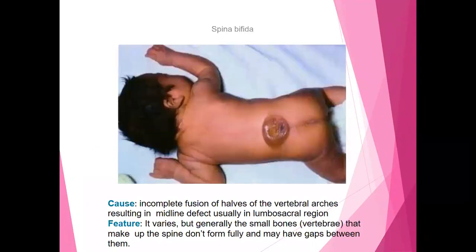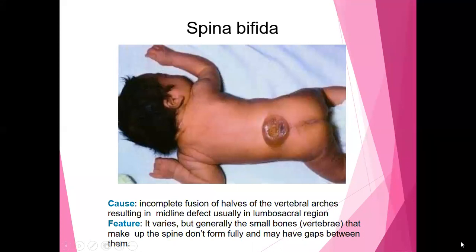Now, what are the congenital or developmental abnormalities of the vertebral column? Spina bifida: incomplete fusion of the halves of the vertebral arches results in a midline defect. This usually occurs in the lumbosacral region, and sometimes in the cervical region, but it is very, very rare, while it is more common in the lumbar and the sacral vertebrae. So what will happen?